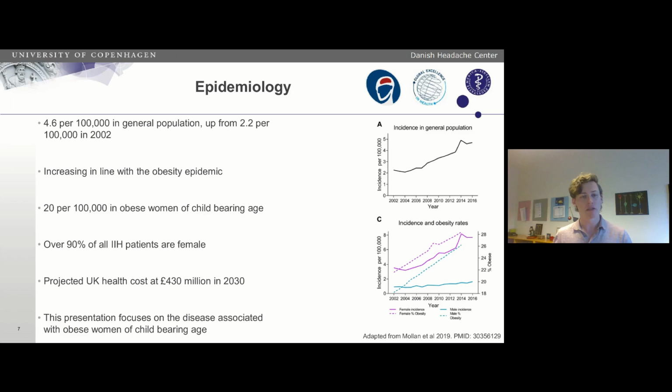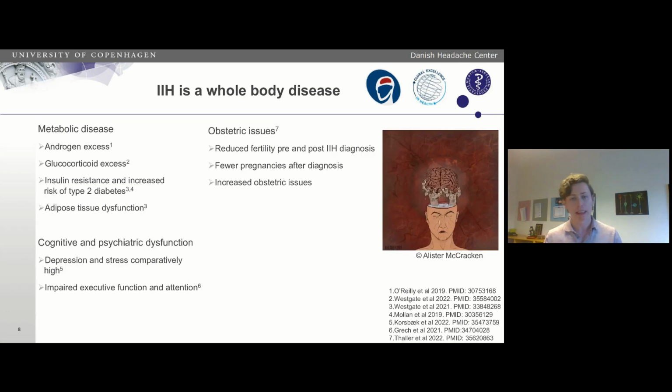But given there are a few different phenotypes of this disease, this presentation and my work focuses on the disease associated with obese women of childbearing age. So in this population, IH is a whole body disease. And over the last few years, this has become abundantly clear. So IH is a metabolic disease. They present with androgen excess, glucocorticoid excess, insulin resistance, adipose tissue dysfunction, and all of this is in excess to that seen in obesity.